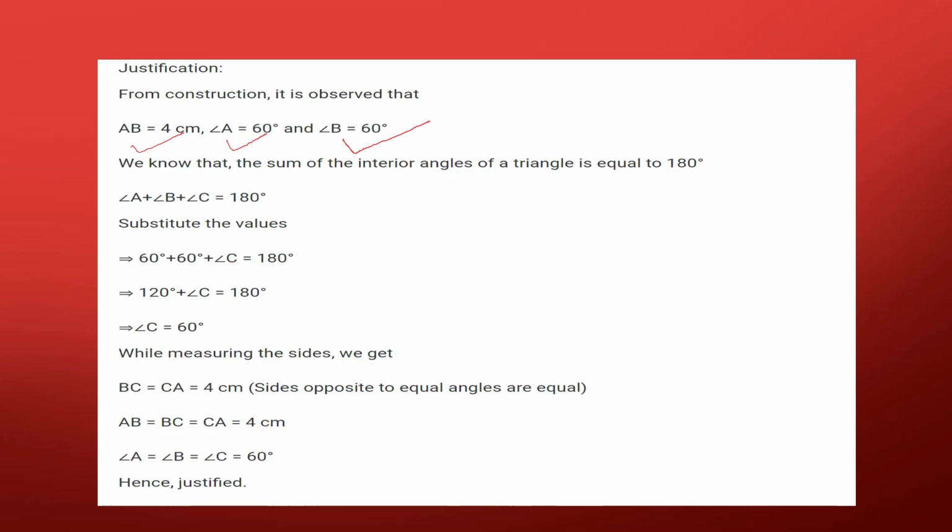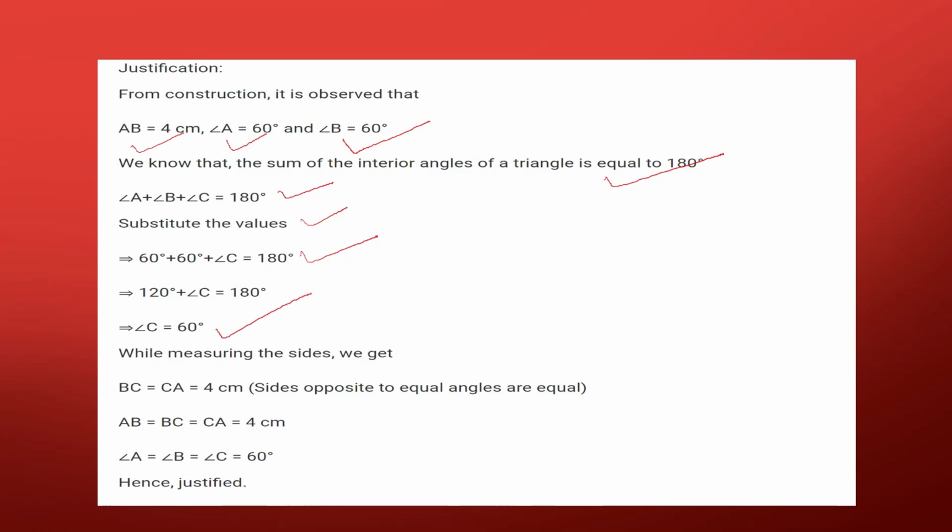We know that the sum of interior angles of a triangle is equal to 180 degrees, no doubt. So can we write like this? Angle A plus angle B plus angle C equals 180 degrees. Substituting the values in the above equation, we get 60 degrees plus 60 degrees plus angle C equals 180 degrees. After computing it and transposing, you can get angle C.